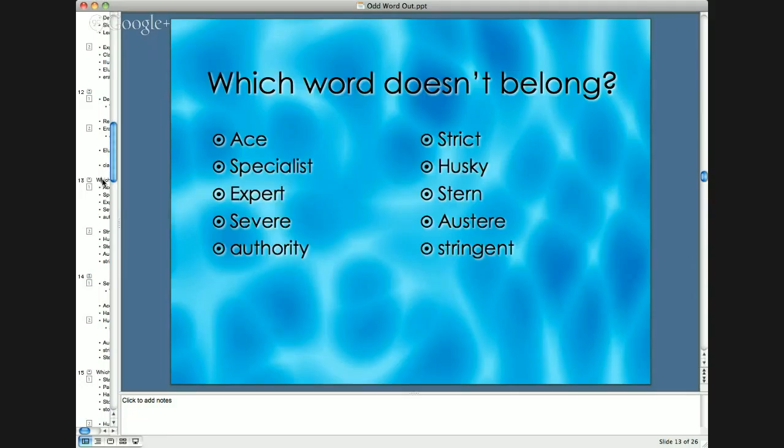What about the next one? Ace, specialist, expert, severe, authority.